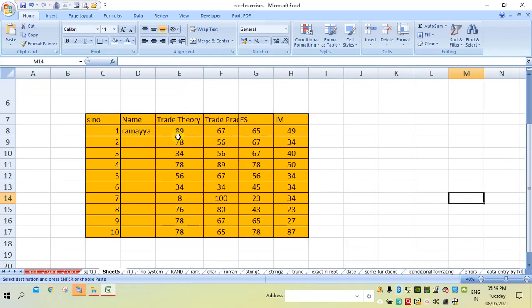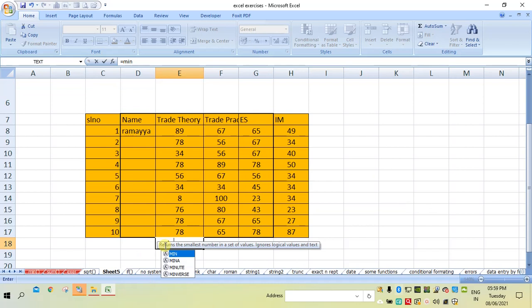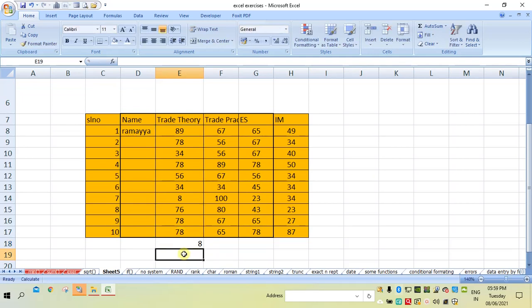We use the formula equal to MIN, in brackets specify the range. The range is E8 to E17. Bracket complete. The minimum among these numbers is 8. So this is the smallest trade theory mark.